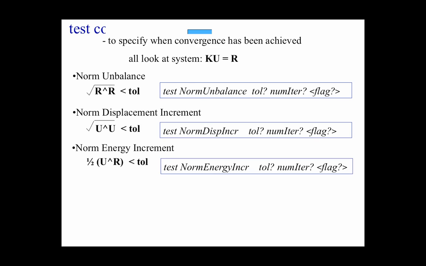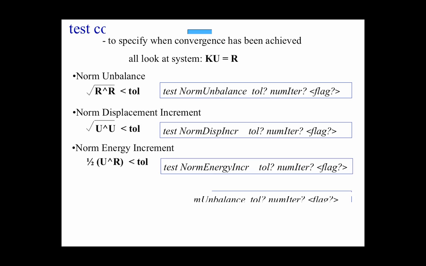And the norm of the energy increment is just looking at the U transpose R. So again, they're just looking at what's in the system of equations, the AX equals B. What's in that system of equations depends on what the convergence test is and what your integration scheme is.